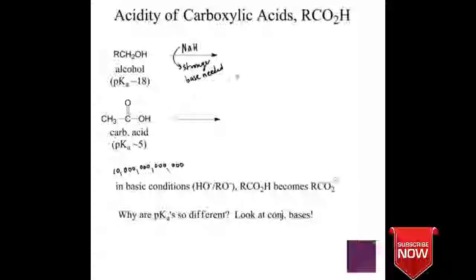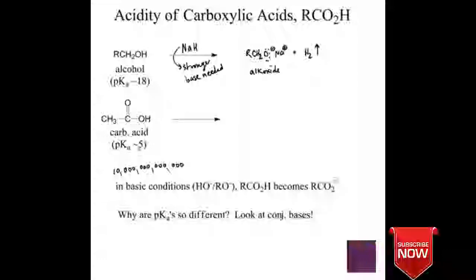And furthermore, this is a base that is irreversible, because once you deprotonate, you would have the sodium salt here. And what's the other product you form? If you're using H- as your base, it abstracts an H+, you end up with hydrogen gas. Okay, so that was a way that we could make alkoxides. If we wanted to make an alkoxide, we would take an alcohol, we'd treat it with sodium hydride. Very strong, irreversible acid-base reaction.